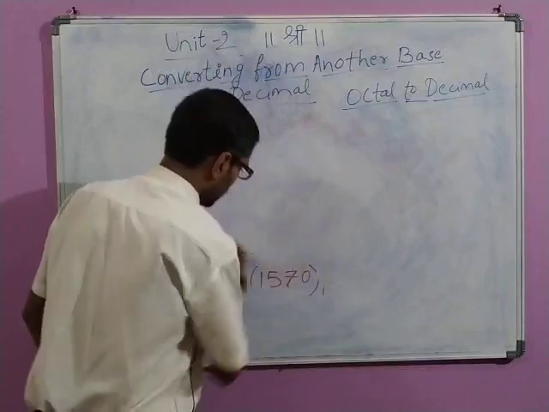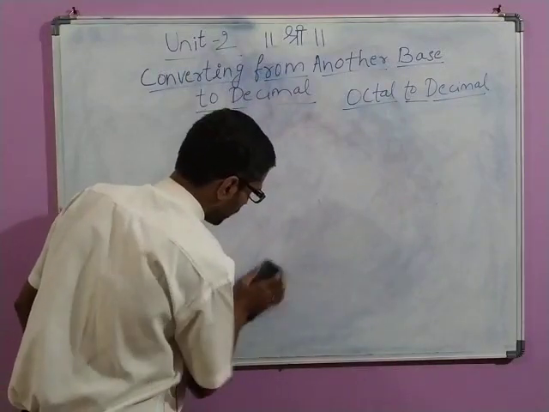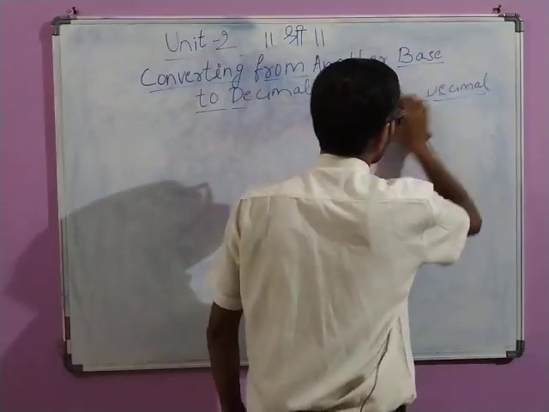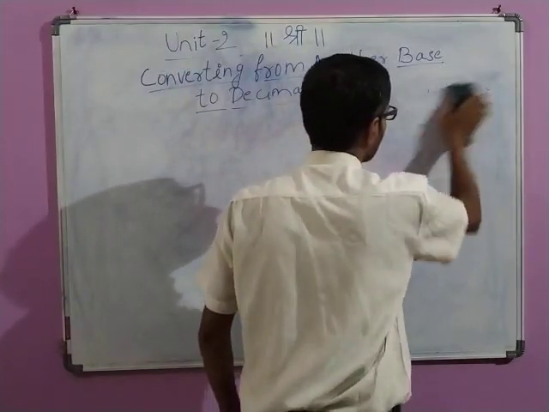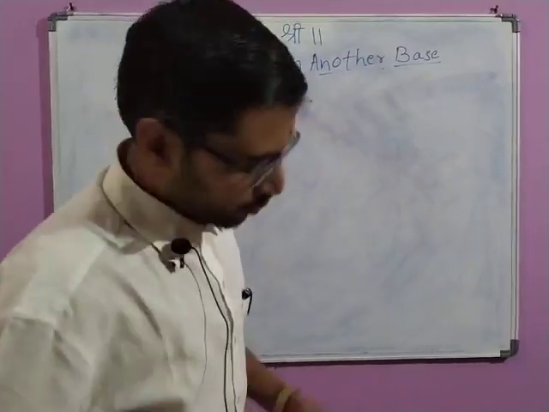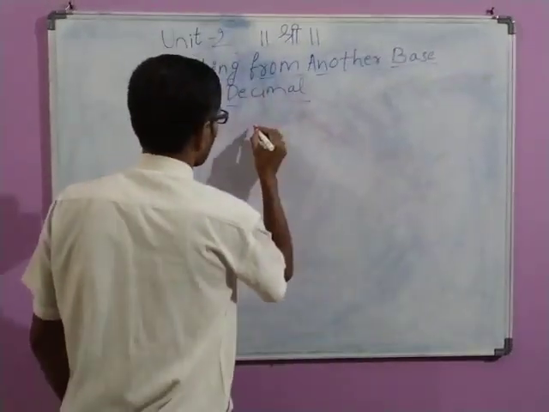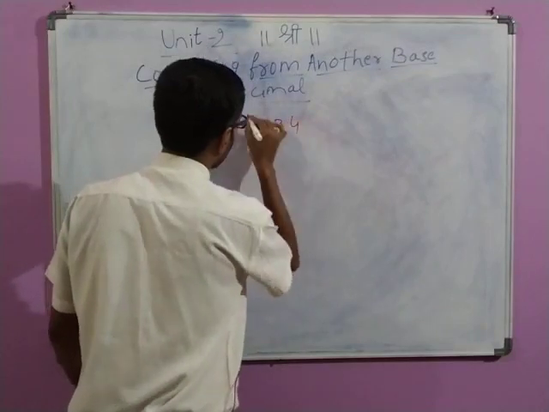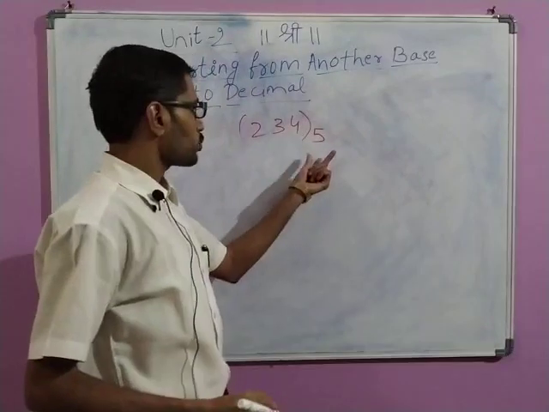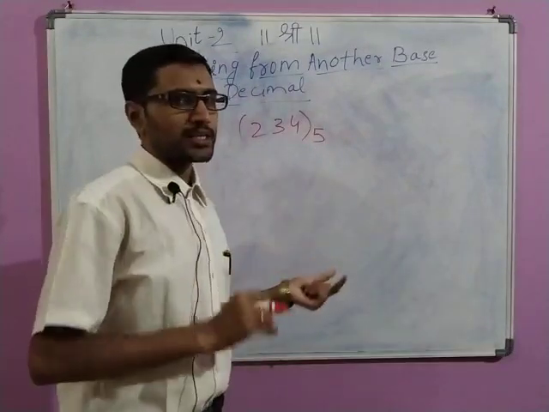Now let me take a number which we have not yet discussed. We can take a number with base 4 or 5 or 6 and try to convert it. For example, if I have the number 234 and write it to the base 5, what does that mean?